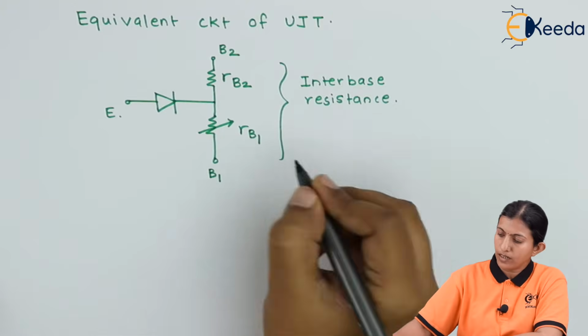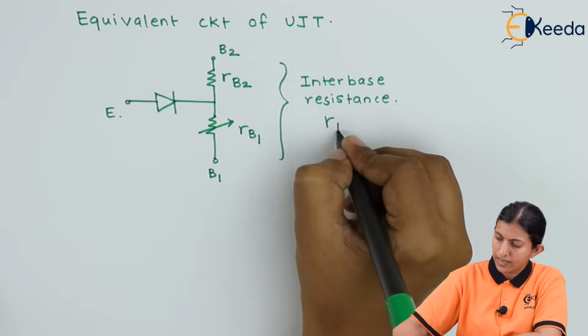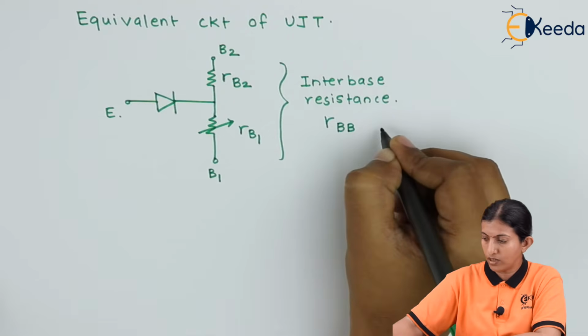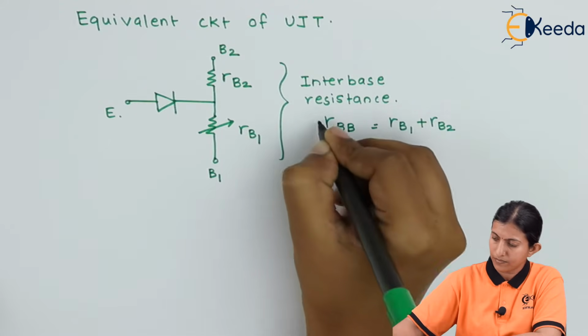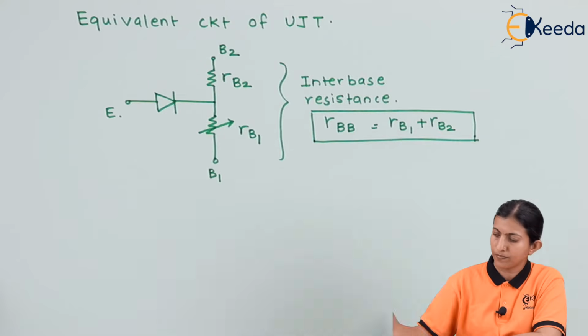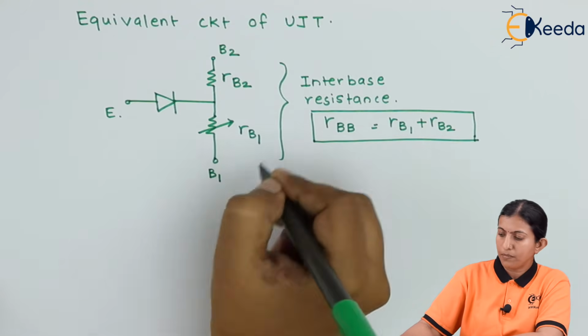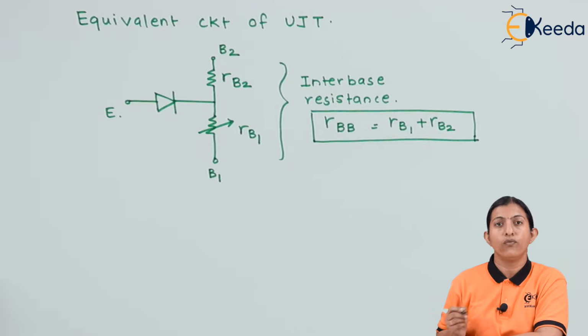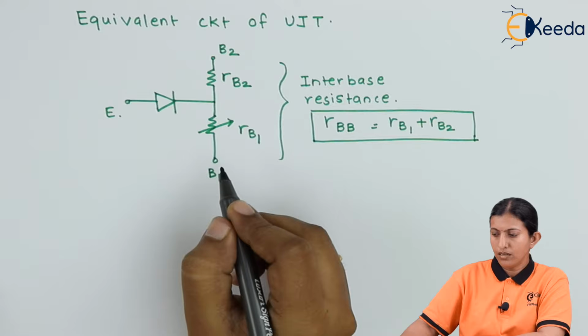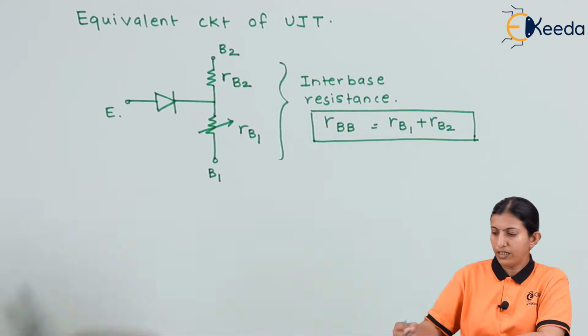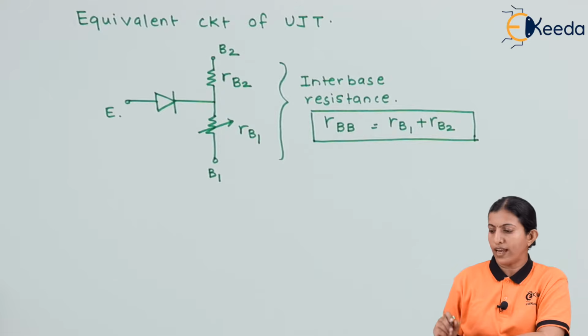So we can write the interbase resistance RBB as the addition of both the resistors. The resistor RB1 here is shown as a variable resistor, and its value will vary if we apply a voltage. The value of RB1 is shown as variable because when the supply is given between the emitter and base 1, the value of the resistance RB1 will change.